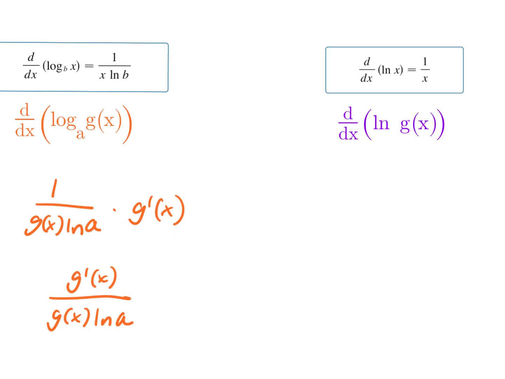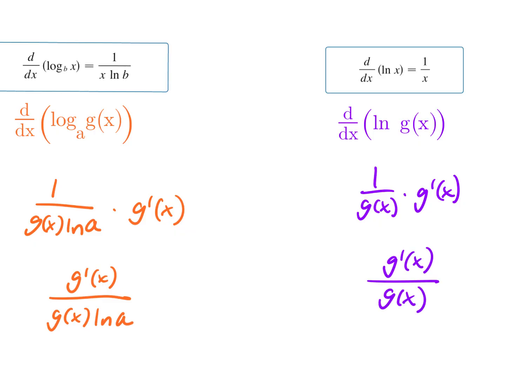It's going to work the exact same way for this other example. Since the derivative of the natural log is 1 over x, this is going to be 1 over g of x, but then I have to multiply that by the derivative of g of x. So in reality, the derivative of the natural log of g of x is g prime of x all over g of x.